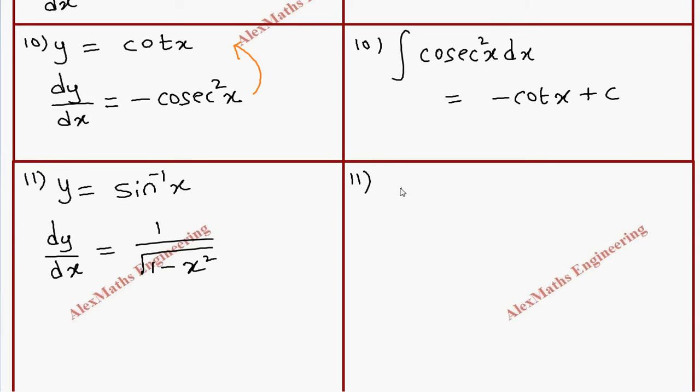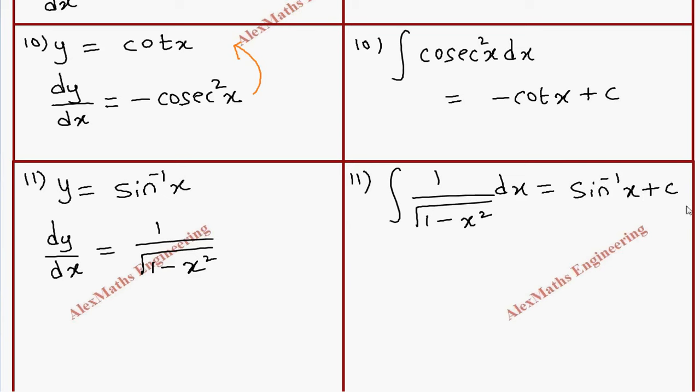From this, the integration of 1 by root 1 minus x square dx can be written as sin inverse x plus c. We have taken the reverse of this. Integration of 1 by root 1 minus x square is sin inverse x plus c.